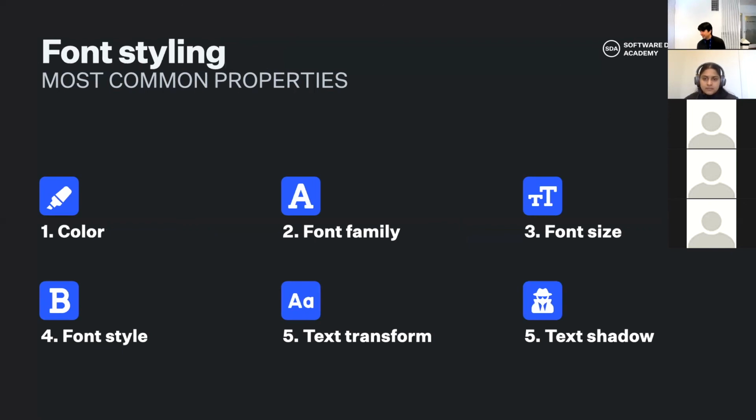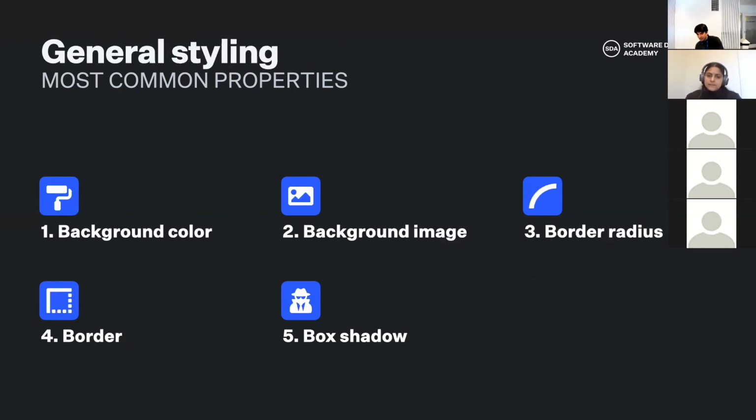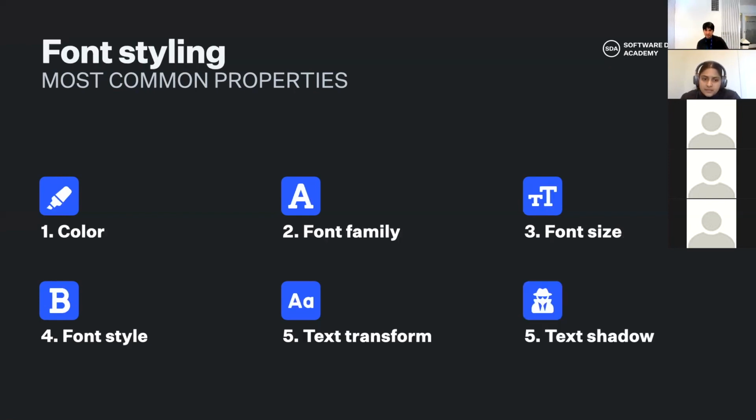Font size is the size, as the name says. Font style is bold, italic. Text transform allows you to convert the text to lowercase, uppercase, and that's usually for design purposes. For example, sometimes you like that your titles are in uppercase. And if you want a shadow for your text, remember, box shadow is outside the element, and the text shadow is inside the element.